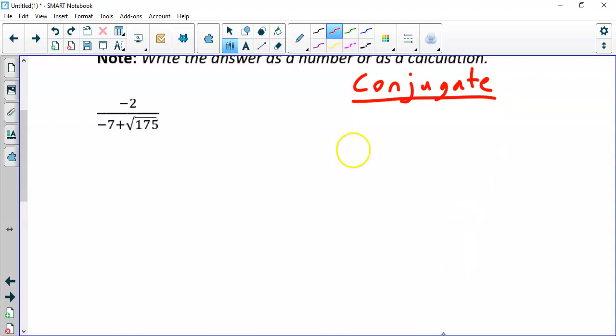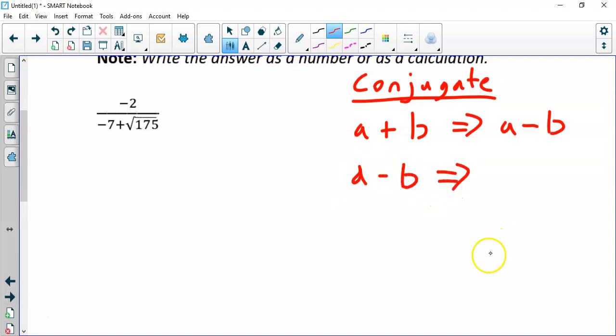All a conjugate is, if I have two ideas being added, the conjugate is the two ideas being subtracted. You just reverse the sign. If I have two ideas being subtracted, the conjugate would be the two ideas being added. Addition becomes subtraction, subtraction becomes addition.